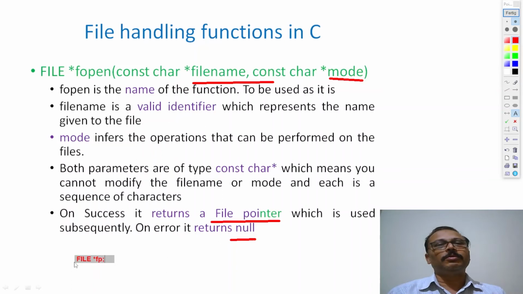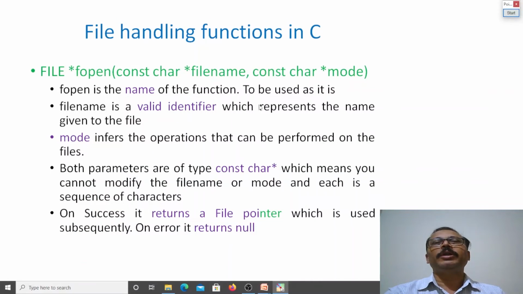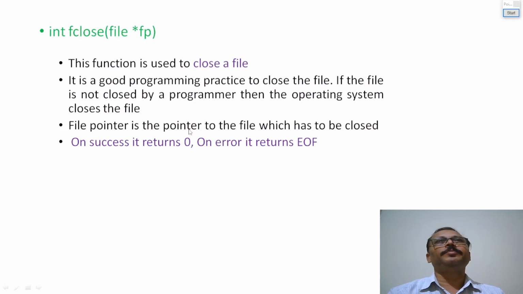In that case, if the file opening is successful, you get a file pointer. That is important because you will be making use of the file pointer in all the remaining functions. That means you have to first open a file before you do anything.